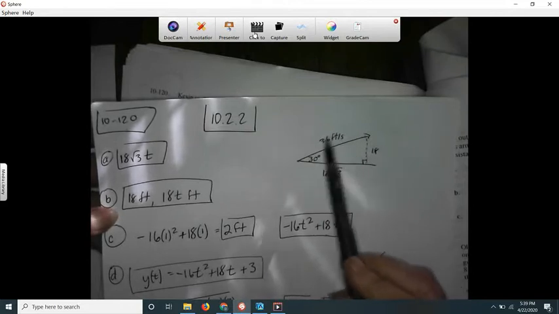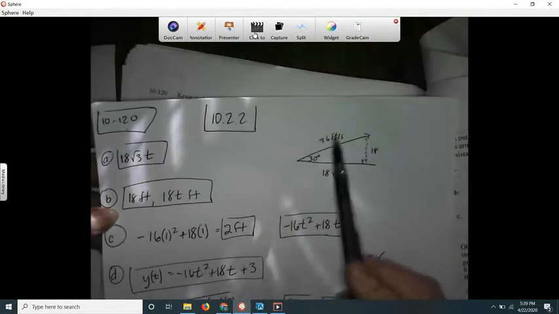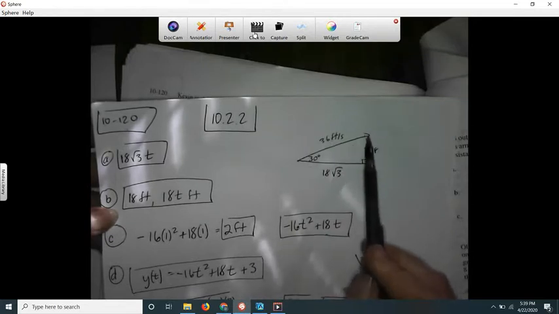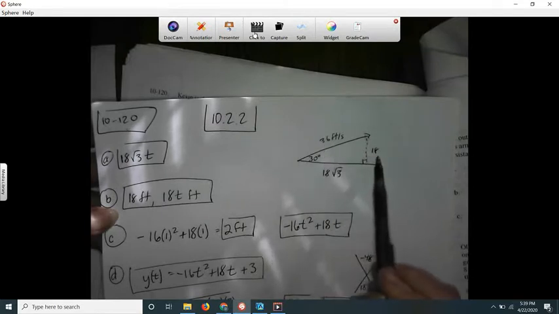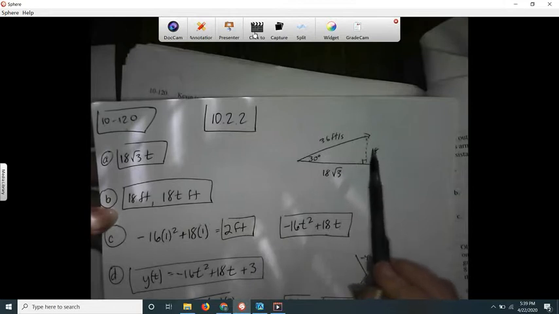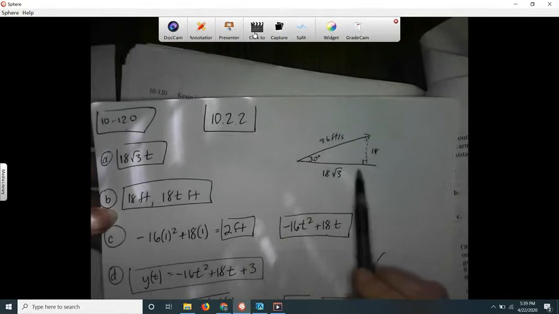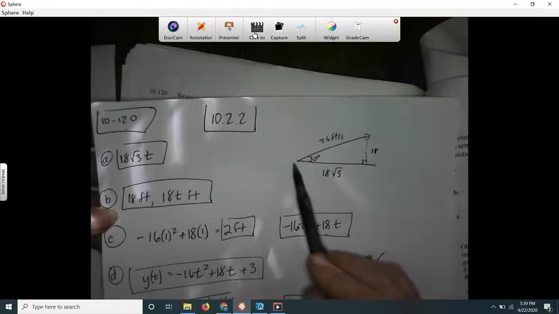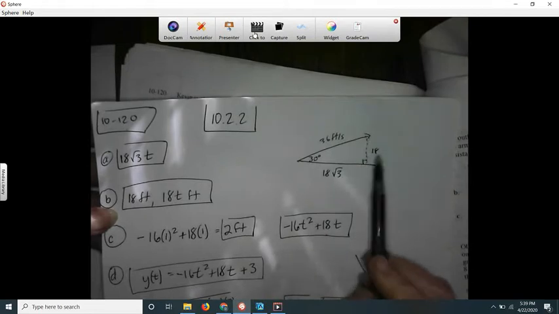And I know if this is the hypotenuse, 36, on a 30, 60, 90 triangle, the shorter of the legs is always half of the hypotenuse. So that's where I got the 18. And then the longer leg is always root 3 times the short leg. Or you could use SOHCAHTOA on this. But basically, I got my horizontal and my vertical components here.